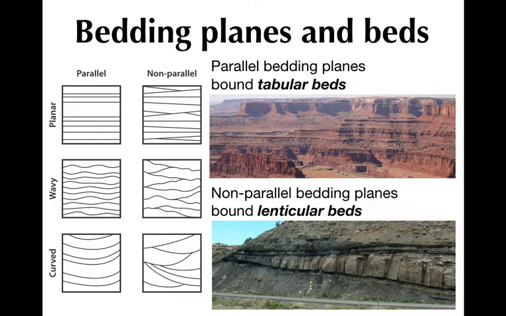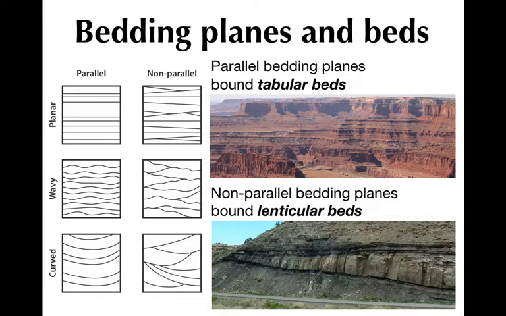Okay, bedding planes, these surfaces, bound beds or strata. And the orientation of the bedding planes with respect to the ones above and below them define the shape of the bed.